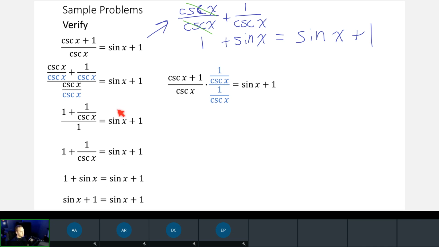So after seeing it done this way, it obviously makes more sense. It's easier, straightforward. Seeing it done the other way is kind of crazy, right? So again, with these problems, there's more than one way to do them. It's kind of how you see them at the time, right?